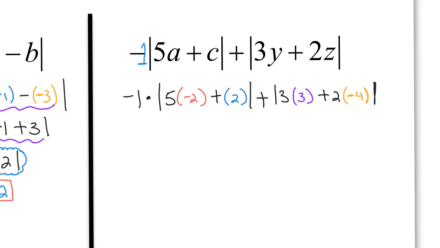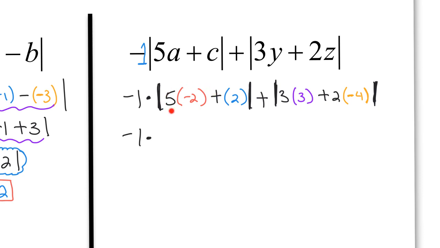Now we have to understand the problem. First of all, we do have two different absolute values. I'm trying to make this darker so you guys can differentiate. So we have those vertical lines, absolute value. I am multiplying the negative 1 times this absolute value, and then I'm adding this absolute value. So first, let me bring down the negative 1 times, and let's do what's inside of the absolute value here.